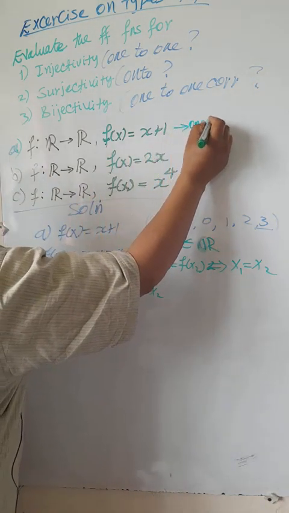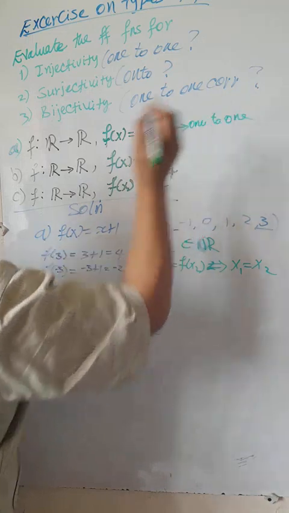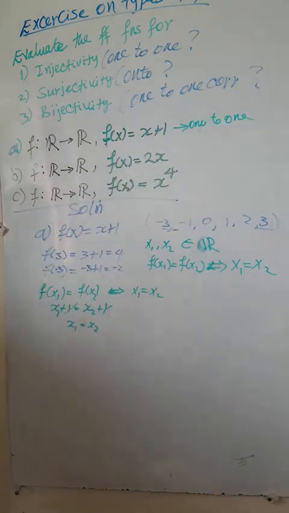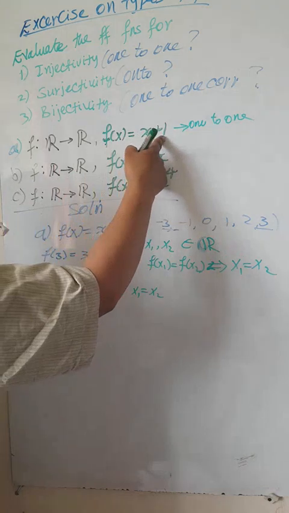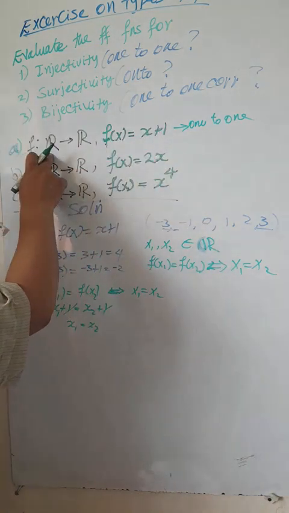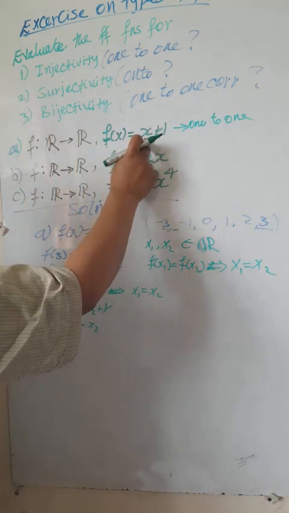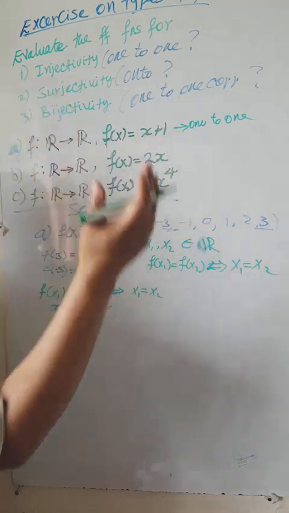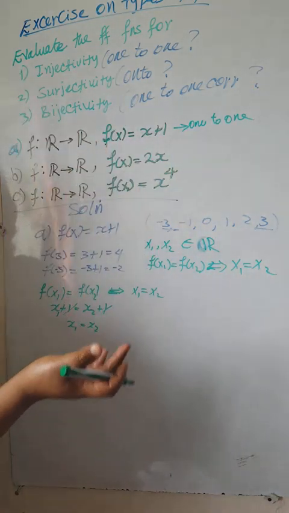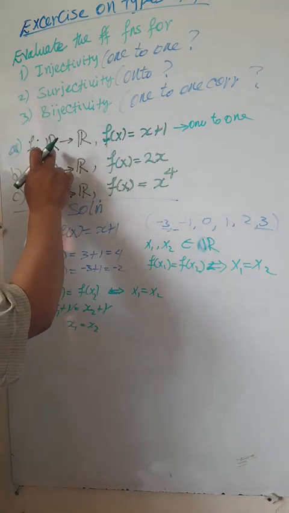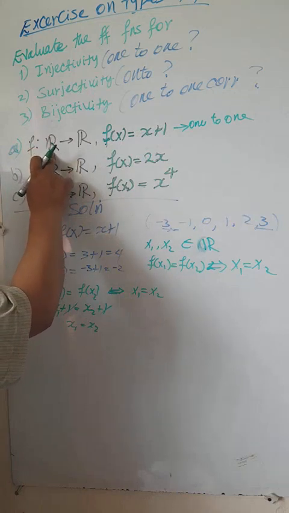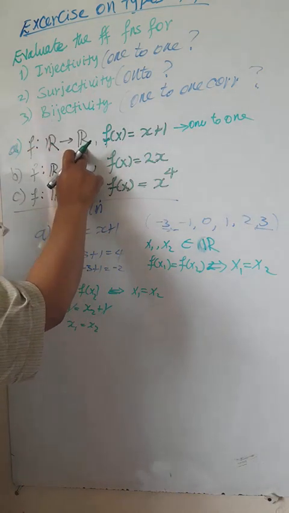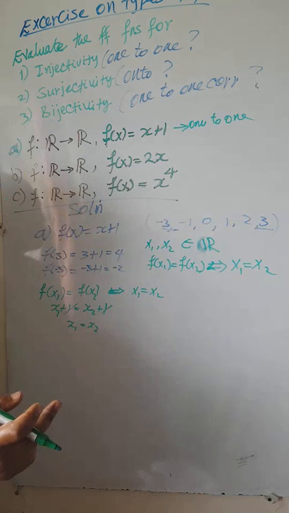This function is one-to-one. Then, for surjectivity, onto or not: for this function x plus 1, any real number we put in has an image, and any real number has a pre-image, for sure.